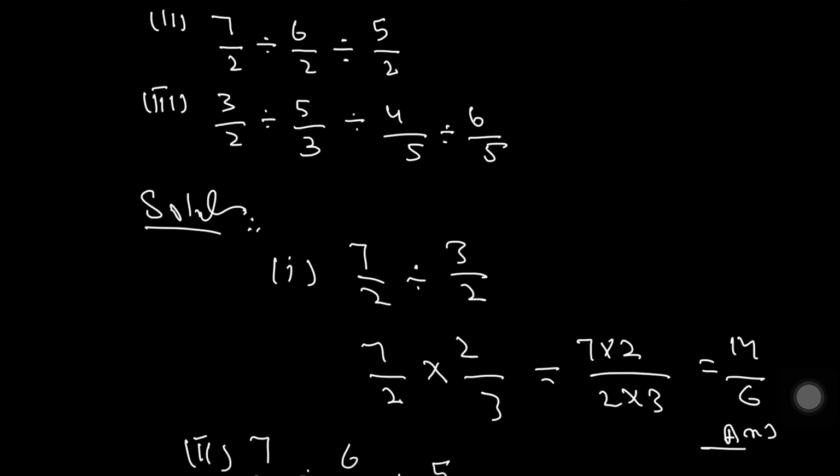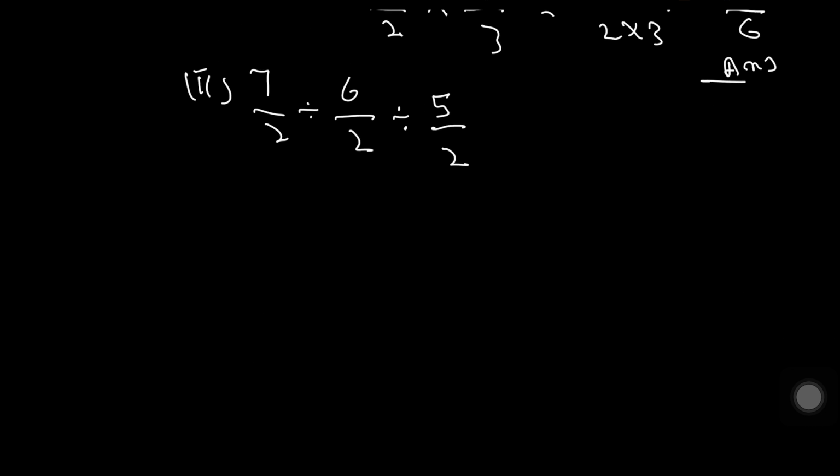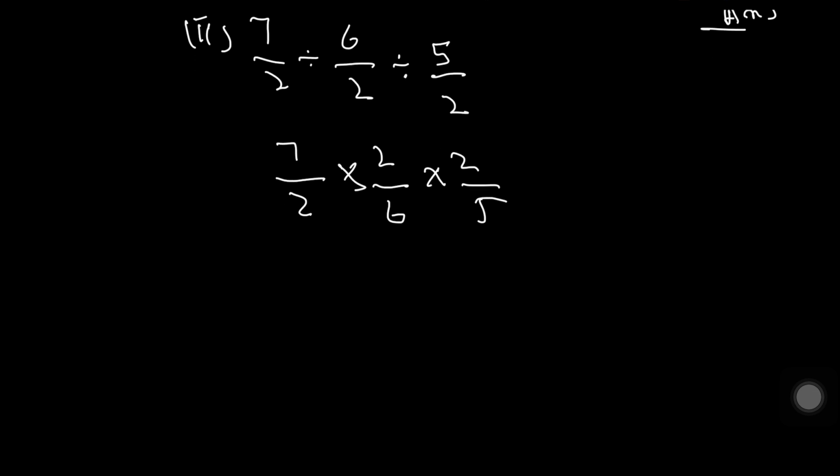So how to divide? Here we change the division sign into multiplication, and the numerator goes to the denominator and the denominator goes to the numerator, and this sign we also change, so 2 upon 5. And the last, same process: numerator multiply with numerator, 2 multiply 6 multiply 5, denominator multiply with denominator, 7 multiply 2 multiply 2.